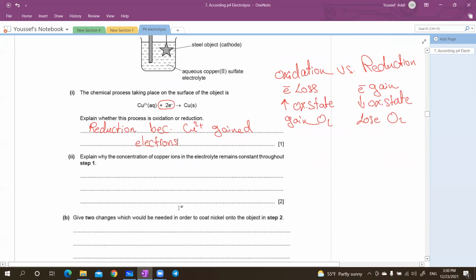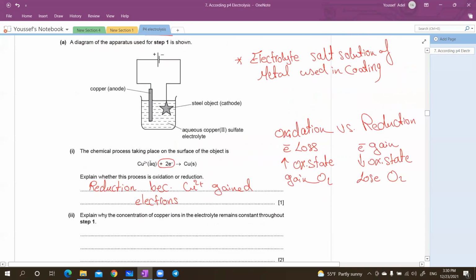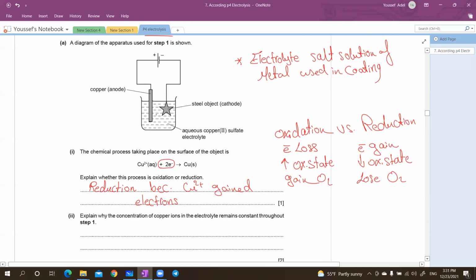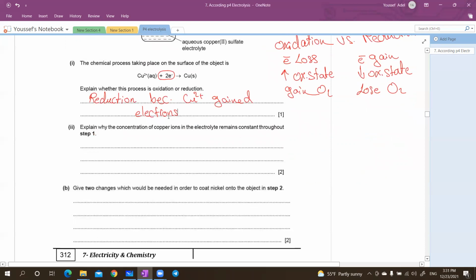Explain why the concentration of the copper ions in the electrolyte remains constant through step 1. Actually, the copper ions are formed at the anode, and then they are removed from the solution at the cathode at the same rate. This is the explanation.